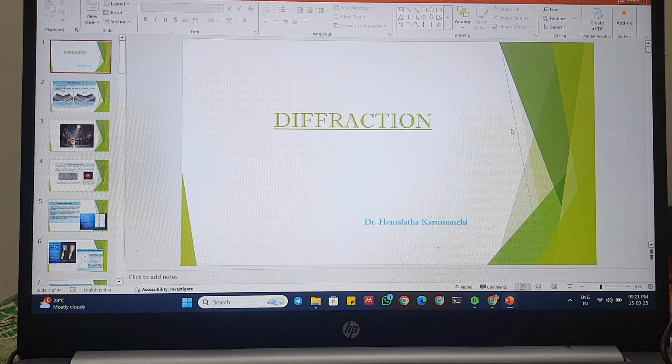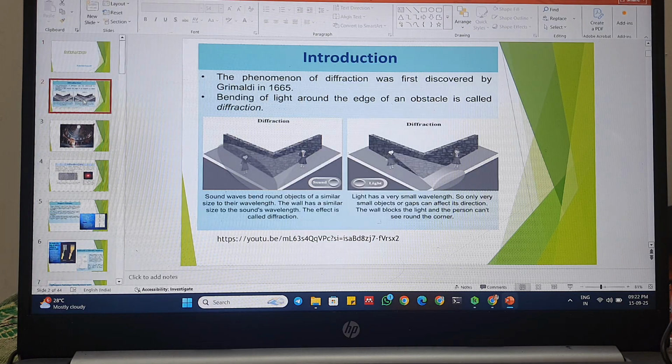Today we are going to discuss the topic of diffraction. What is diffraction? Before going to diffraction, let us see a small introduction about diffraction.